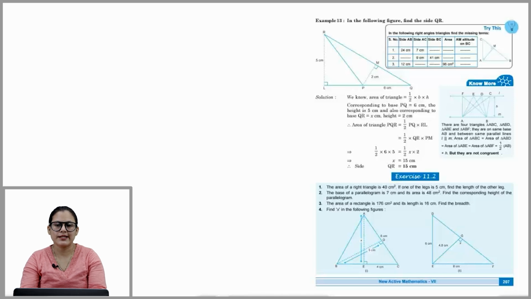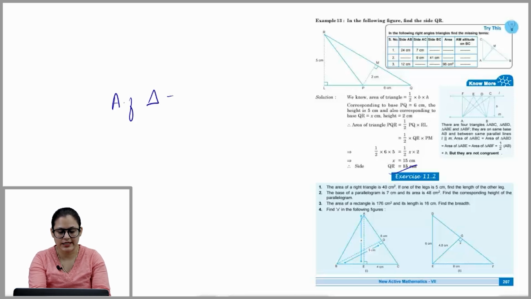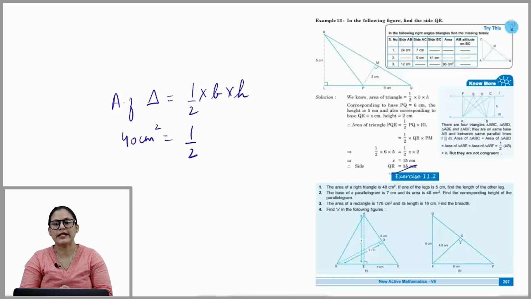Let's do exercise 11.2. The area of a right triangle is 40 centimeters square. If one of the legs is 5 centimeter, find the length of the other leg. See, area of triangle is half into base into height. Area is given here, 40 centimeters square, and one of the legs is 5 centimeter. We have to find the length of the other leg.